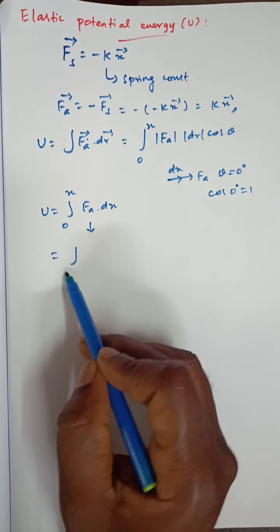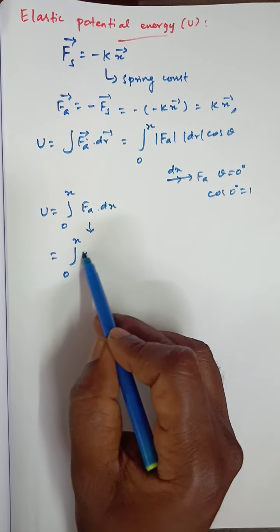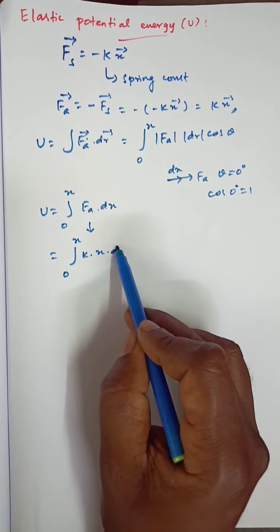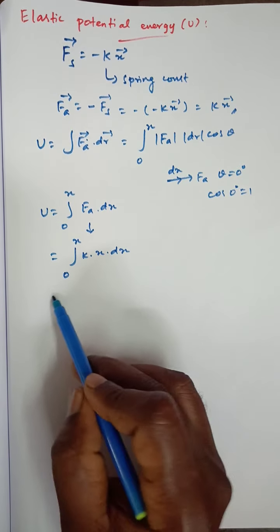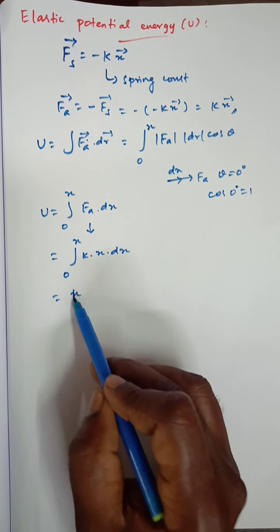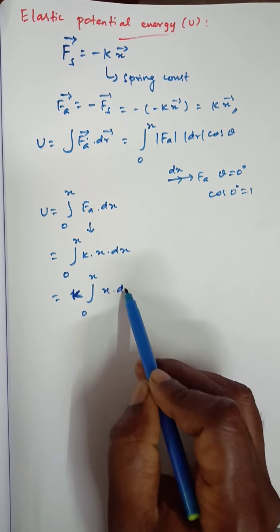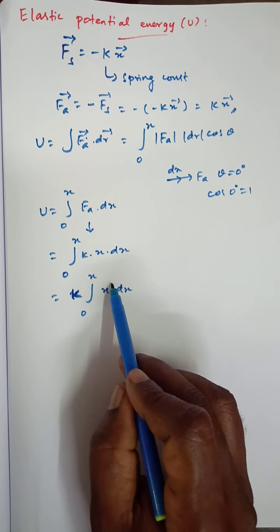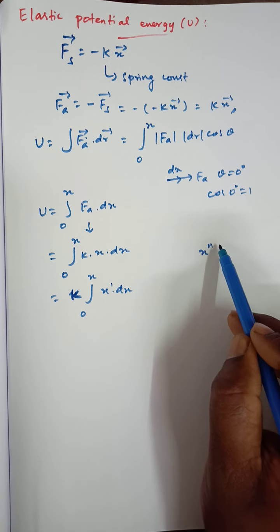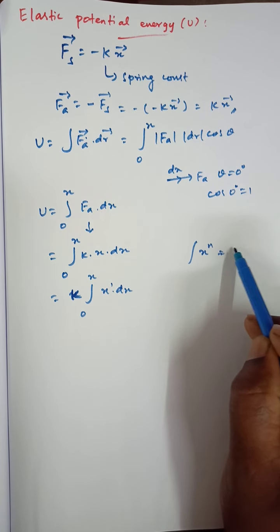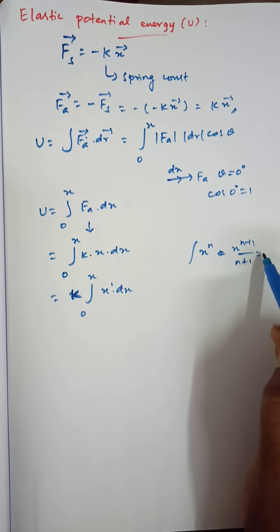So applying that formula, U is equal to the integral with limits 0 to x of Fa equal to K into x, so write K into x into dx. Here K is constant, taken out of the integral, so K times the integral of 0 to x of x into dx. Nothing written means assume 1 is here. The formula for the integral of x power n is x power n plus 1 by n plus 1.